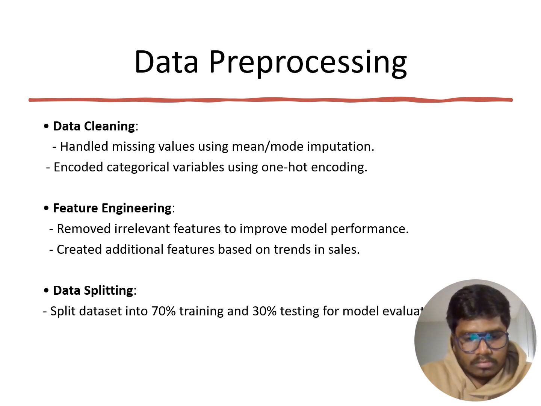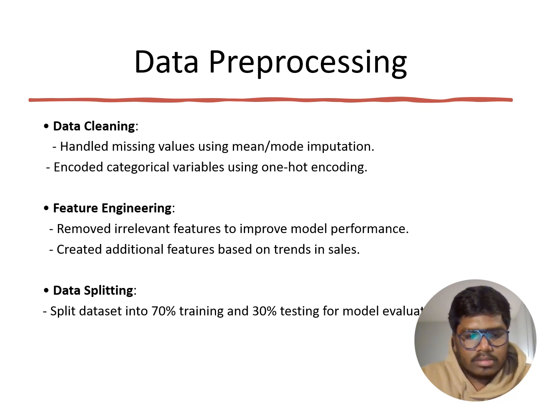We also convert the categorical variables such as regions and some other variables to numerical by using the nominal to numerical operator. And we also create additional features based on the sales trends to enhance predictive power.